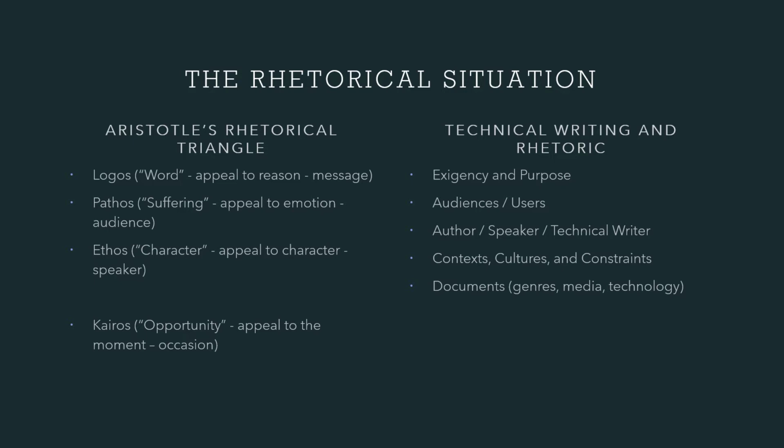So, classically speaking, Aristotle's rhetorical triangle had, you can think of it as a triangle. It has three sides and three corners. In each corner, you might write logos, pathos, and ethos. Logos literally means the word. If you've seen the ancient Greek Bibles, you will see that logos is that word used also for the word.